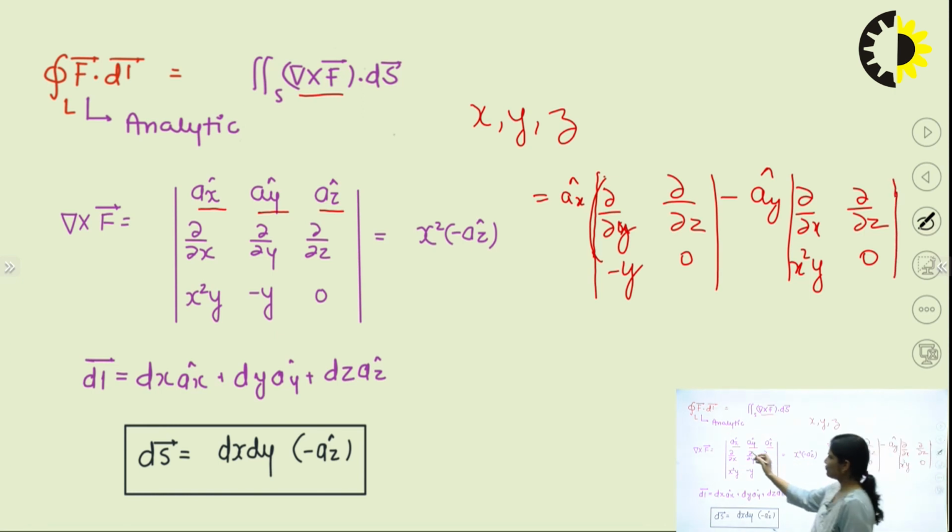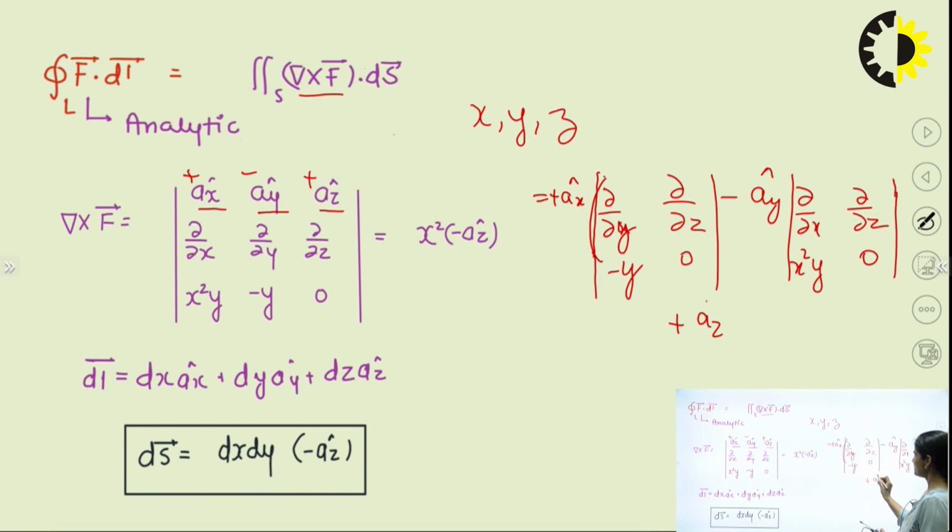So first we have to take positive sign for this, negative for this, positive. So write down here first, this is in form of positive, this is in form of negative. Now here positive, a z unit vector in the matrix.